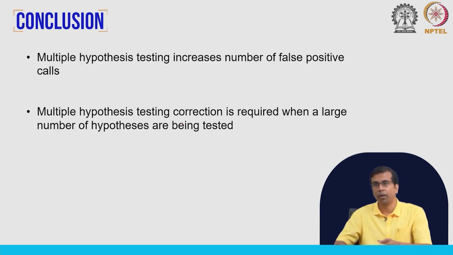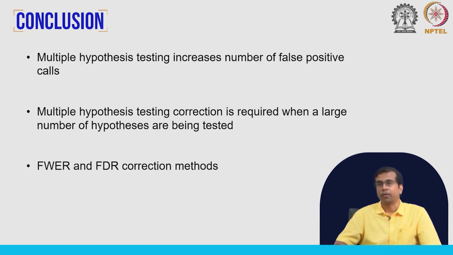This is not just applicable for differential gene expression analysis. You will see in other scenarios in the field that you will have to do this multiple hypothesis testing correction, and beyond the field also, wherever you are testing a large number of hypotheses, you would have to do this correction.